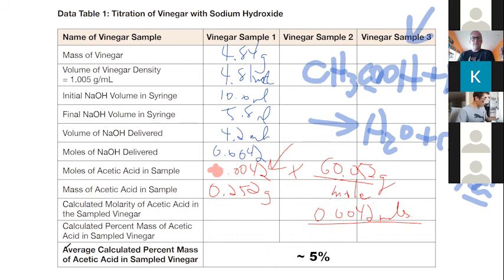For this it would be 4.81 milliliters. That's right, exactly. Which is also 0.00481 liters, right? Just divide by 1,000 to go from milliliters to liters. So my molarity is 0.0042 moles over 0.00481 liters. So that is 0.873 molar.